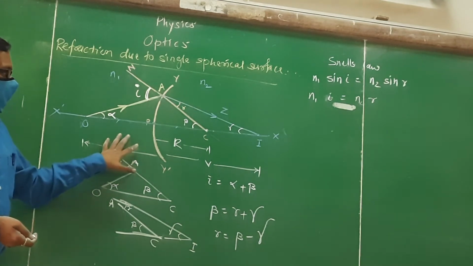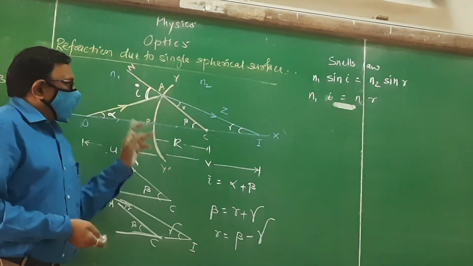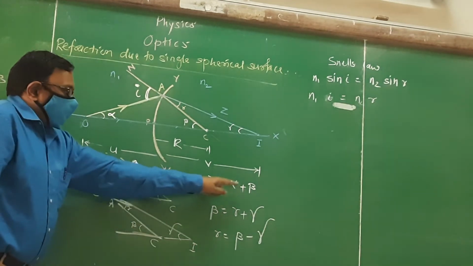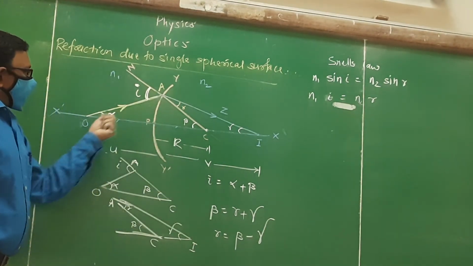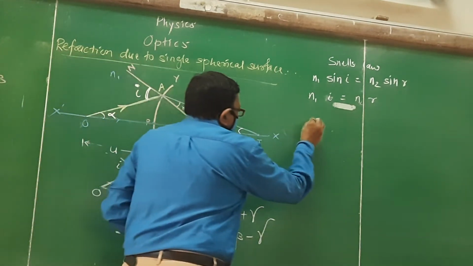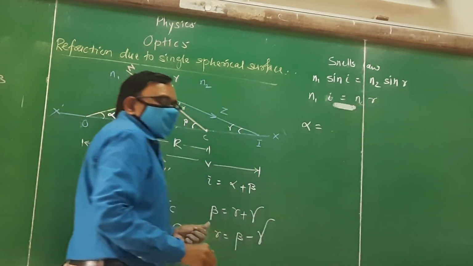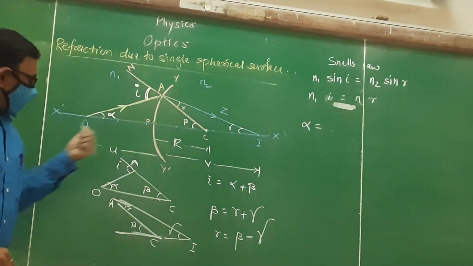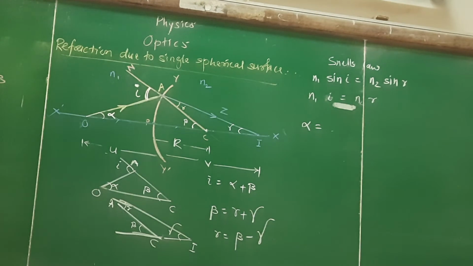Now from this diagram, we will determine the value of the angles alpha and beta. From this section, we determine the value of alpha. Alpha is equal to, using the formula for angle, arc upon radius.